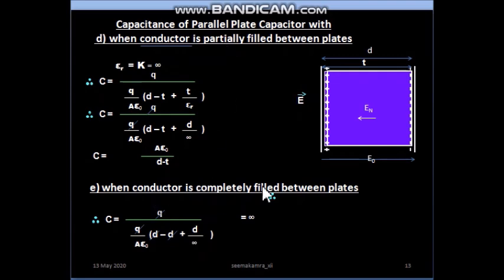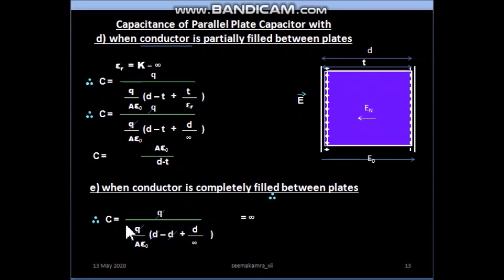Now the conductor completely filled between the plates. Completely filled means the thickness T and D are the same, so thickness T is equal to the separation between the plates. The second data is that the epsilon r value is infinite for the conductor.